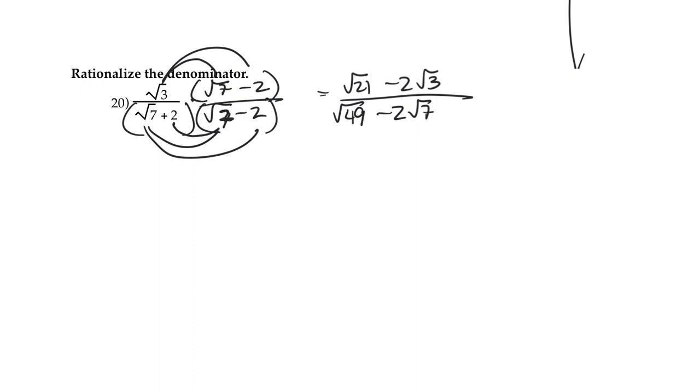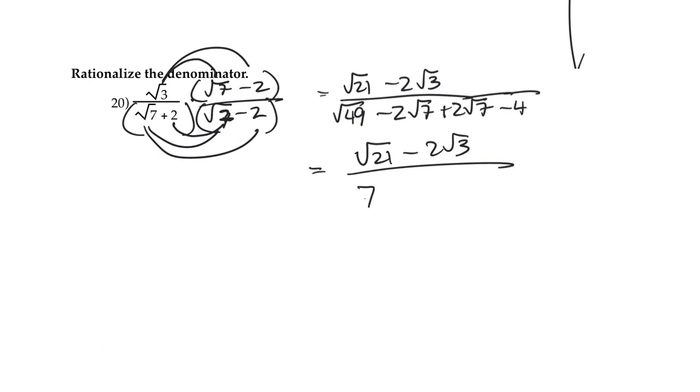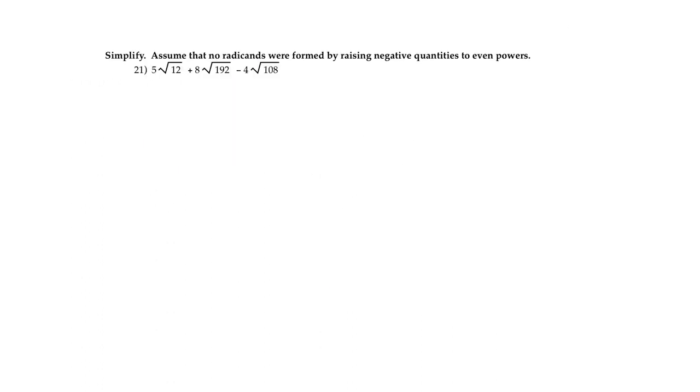And then 2 times root 7 is a positive 2 root 7. And lastly, 2 times a minus 2 is a minus 4. So on the top, I have root 21 minus 2 root 3 over root of 49 is 7. These two are additive inverses of each other, so they cancel. And so the bottom, I just have 7.